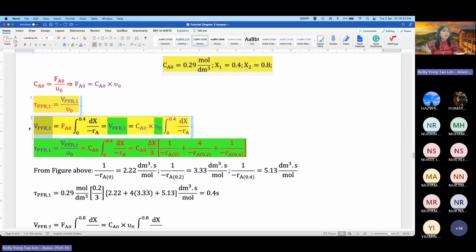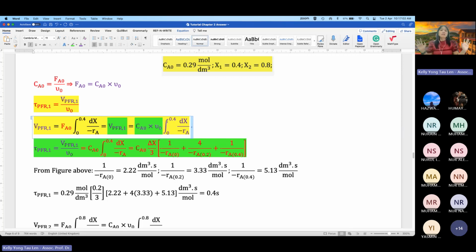Now I don't have epsilon naught, but I know my original question has FE naught. So I have to correlate it back. I know my FE naught is related to epsilon naught, because FE naught equals CA naught multiply with epsilon naught. So now instead of writing FE naught, I write it as CA naught multiply with epsilon naught.